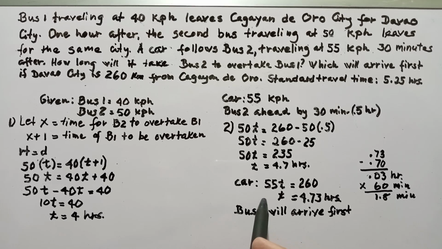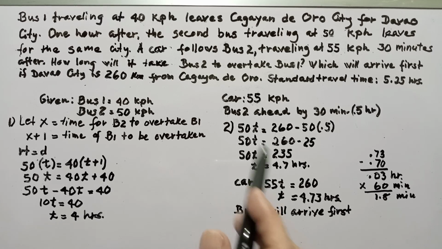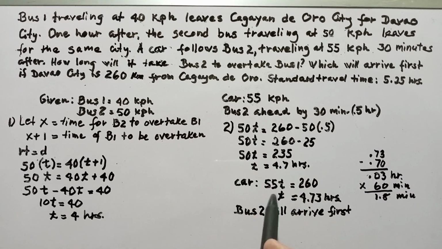So the equation is 55t, because its speed is 55 kilometers, is equal to 260. This is the distance of Davao City from Cagayan de Oro City. So solving for t, divide 260 by 55, we will get 4.73 hours.